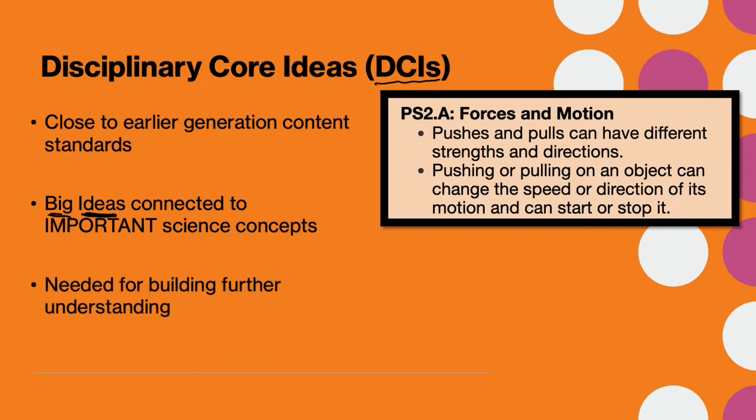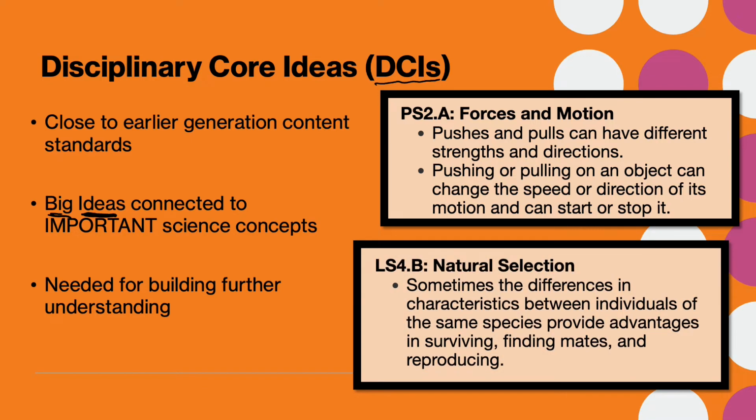And the other thing that's kind of taken under consideration for these DCIs is that they build them in such a way that if you have a DCI, it should be foundational to learning something at a higher level. So there are kind of these strings, vertical strings that start out at the elementary level and they go kind of up through high school in ways that build on one another, building blocks of these DCIs.